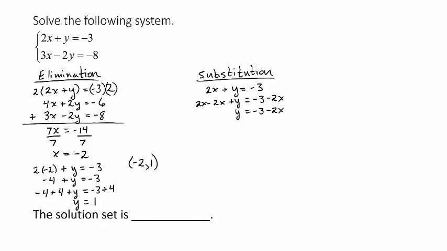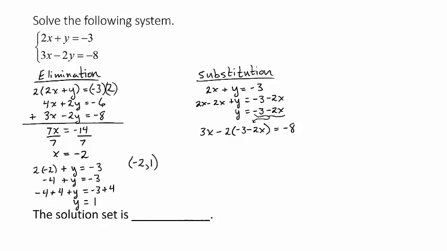Okay, so now that I know that y is equal to -3 minus 2x, then I can stick what I know about y into the second equation. So 3x minus 2 times the quantity -3 minus 2x is equal to -8. Does everybody see what I did there? So I just took what I knew about y and I stuck it into the second equation for y.